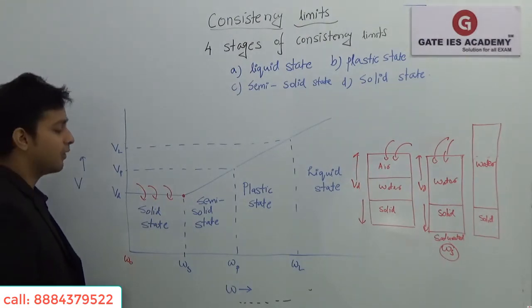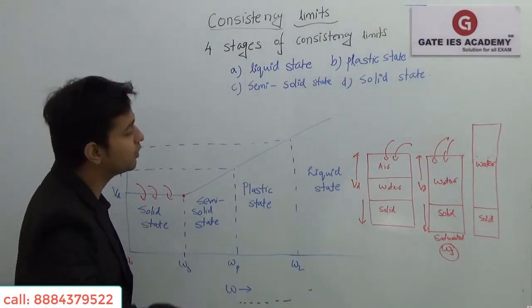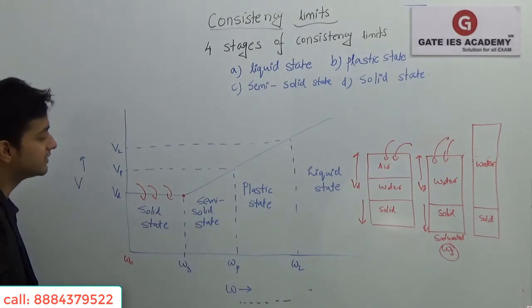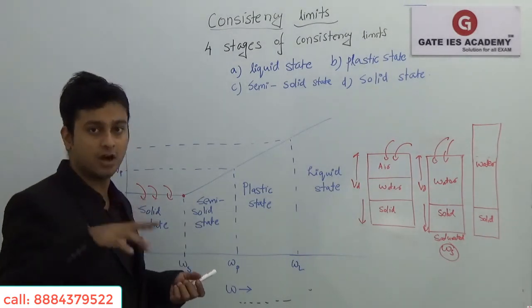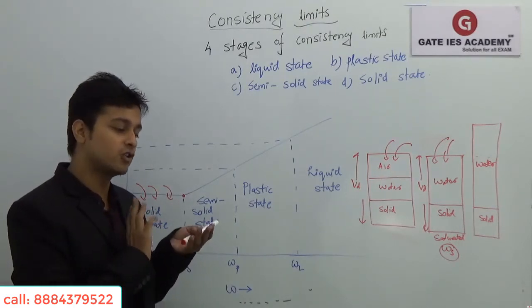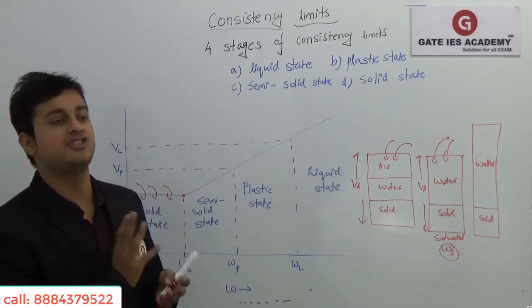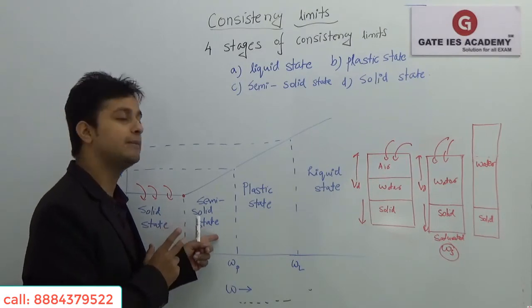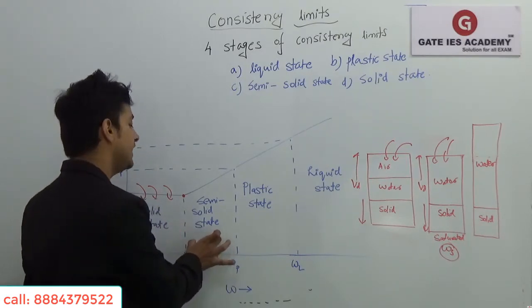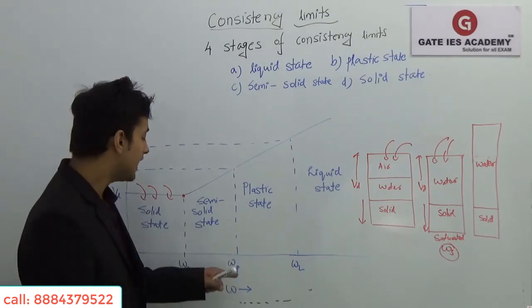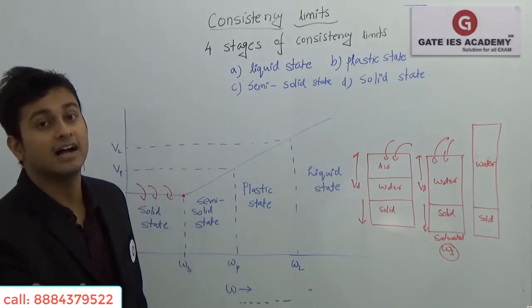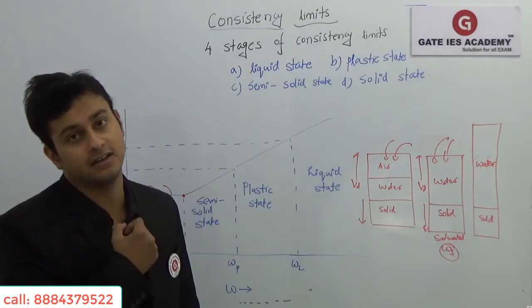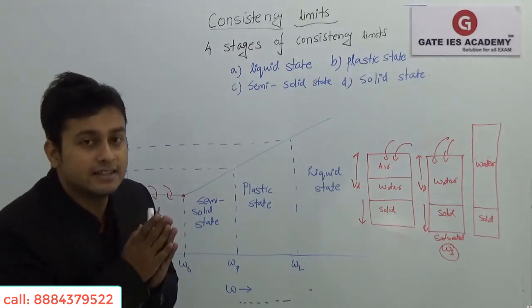After some point, as we are discussing mostly clays, the solid state changes because water is coming into the system. The solidity of the system will change and it will tend towards the semi-solid state. From this region, it will be in the semi-solid stage. And at one water content, the soil achieves plasticity. What is plasticity?